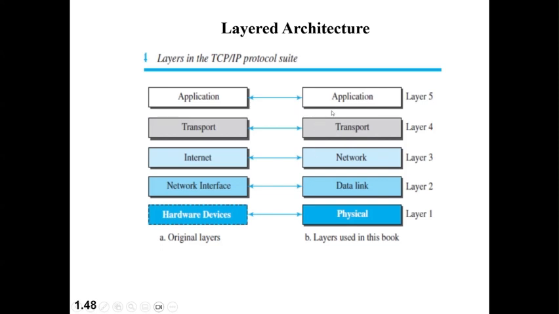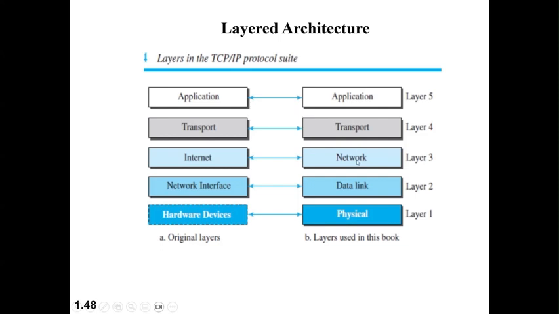One port will be dealing with the email service. One will be helping you download the web page content so that you can read. Another port is the one through which you are transferring some file. So at a time, 3 ports will be open. There can be multiple ports opened in the transport layer.